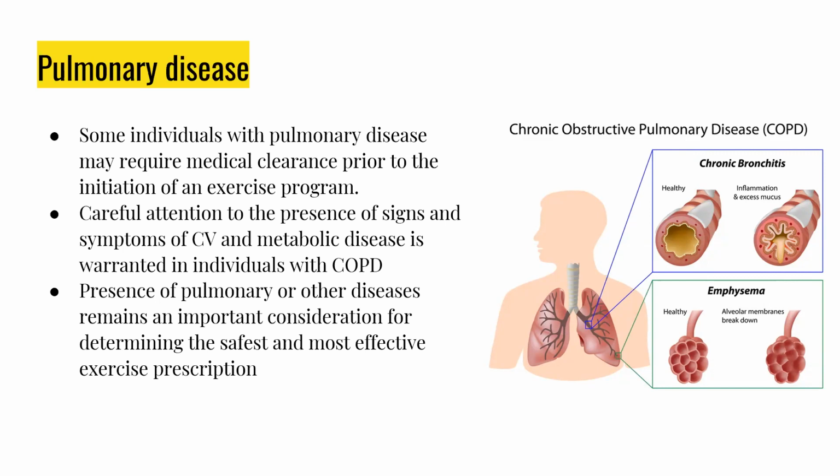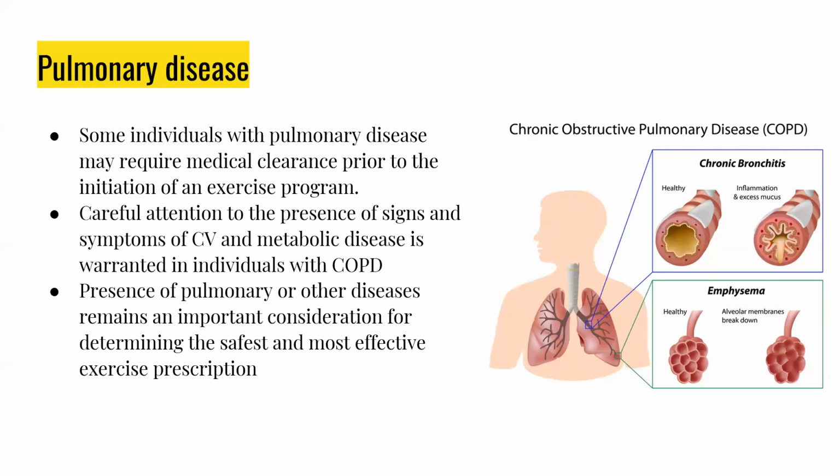We'll talk more about this in our Lab 10, the exercise prescription for special populations, because there's important information about this specific population. But most of the time, some individuals may require medical clearance.